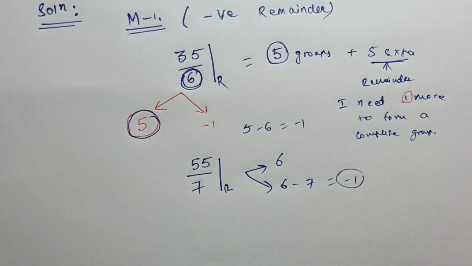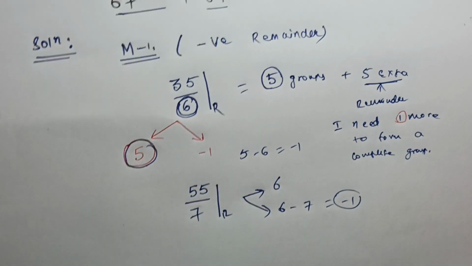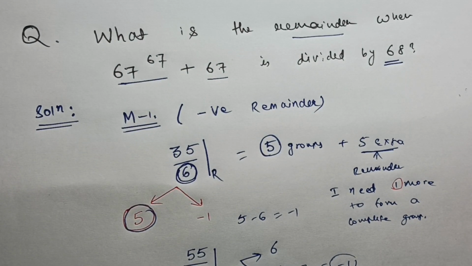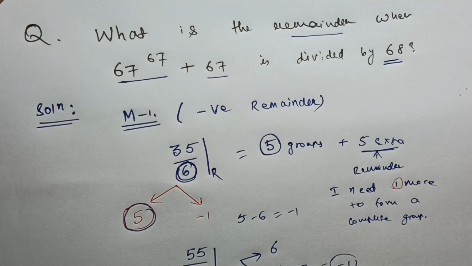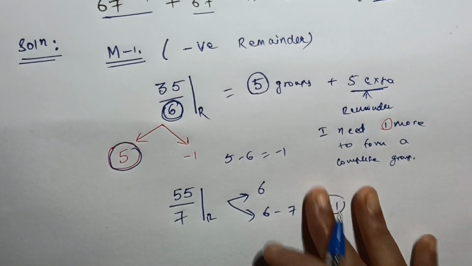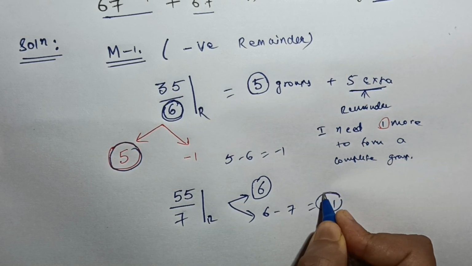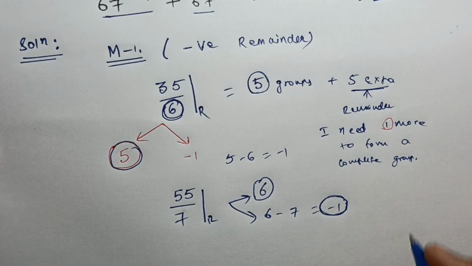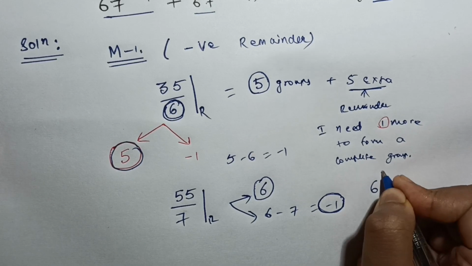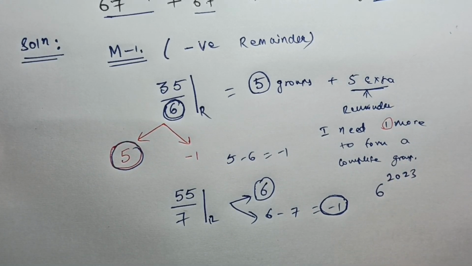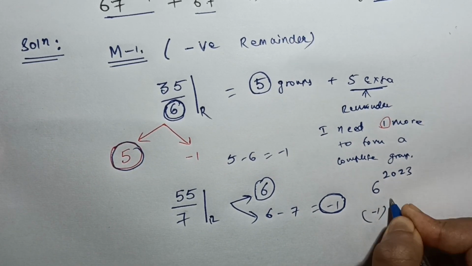Now what is the advantage of the negative remainder? Our prime focus in finding remainders is that the magnitude should be less and less, right? If you notice here, I have 6 as remainder, and here I have minus 1 as remainder. Which is more beneficial? Let's say I ask you for 6 raised to the power 2023, and minus 1 raised to the power 2023.